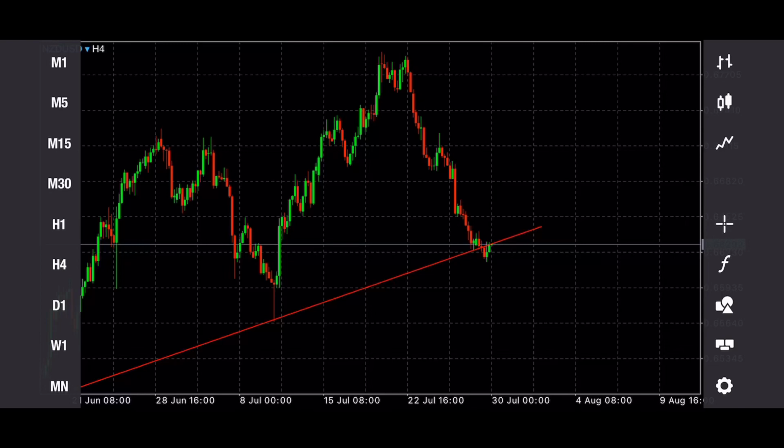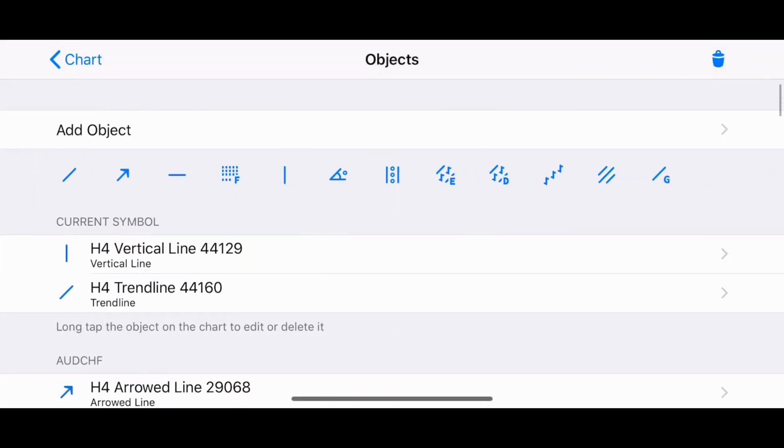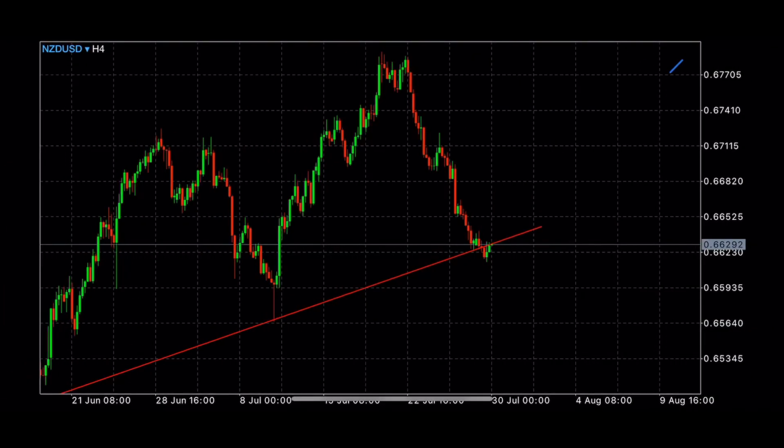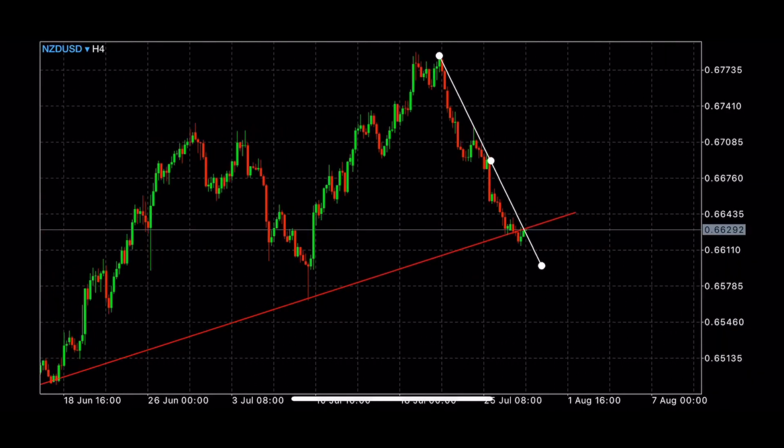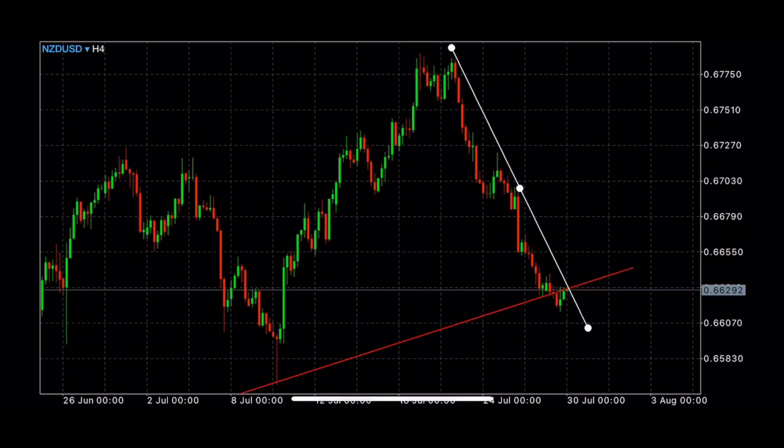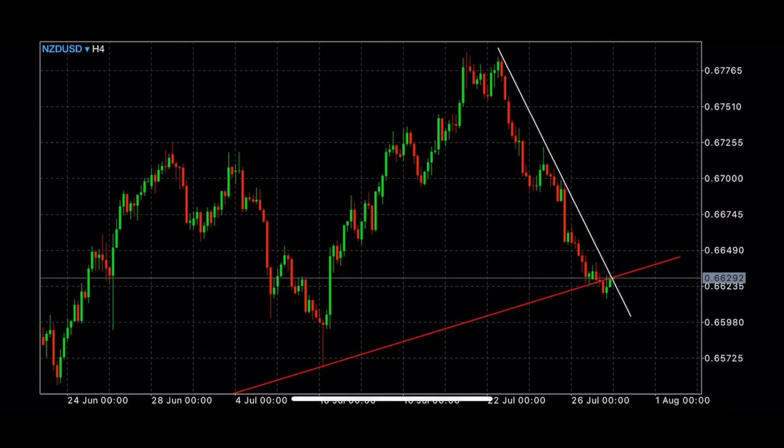So with this one, I want you to draw a reversal line like that. And it's about to cross the reversal line.